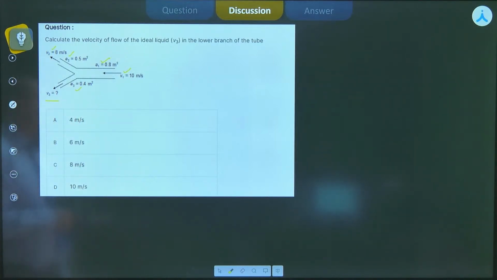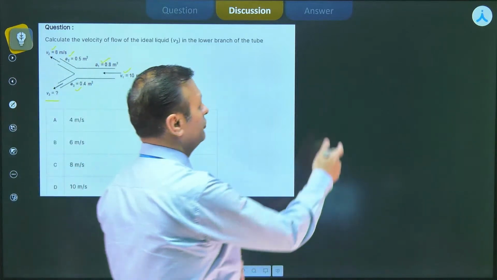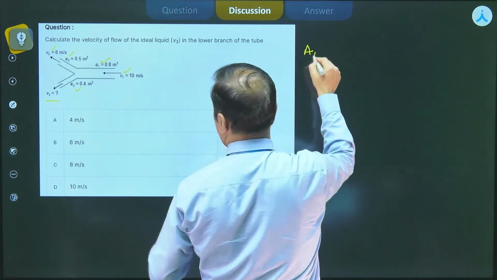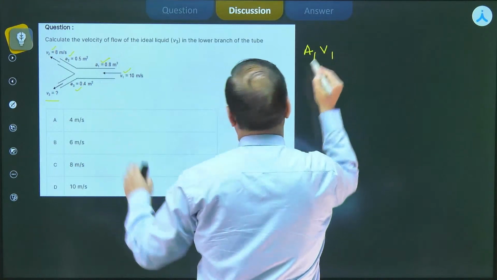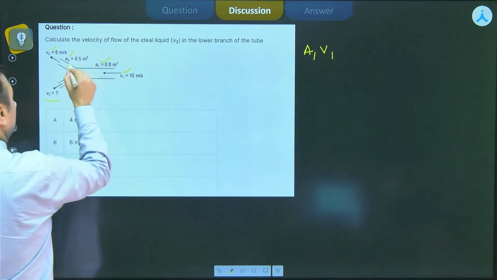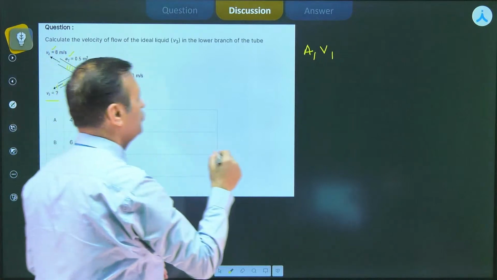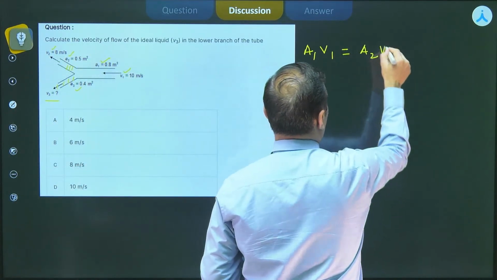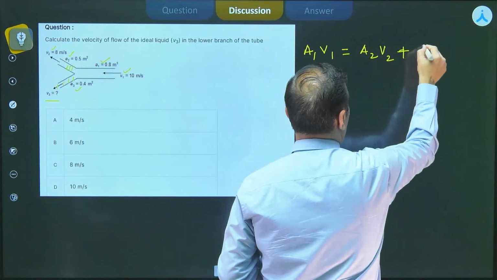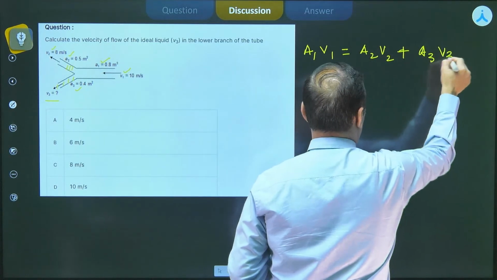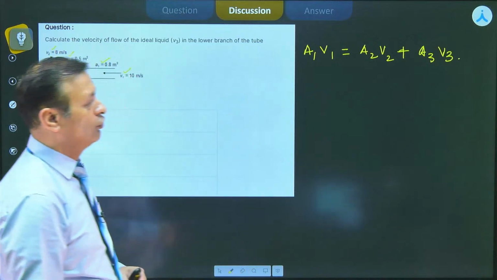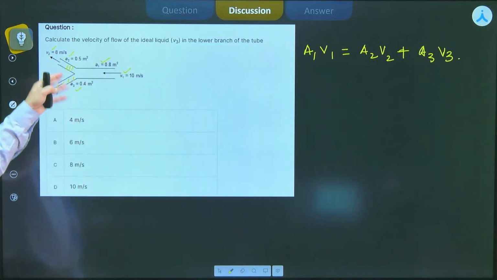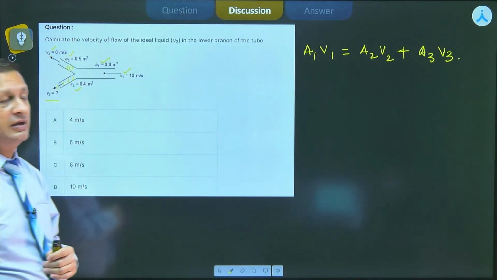This is purely the flow of liquid, and it is based on equation of continuity, which clearly says A1 V1. So this fluid is branching out in these two tubes. So A2 V2 plus A3 V3. This is how the rate of flow of liquid is dividing between these two channels.